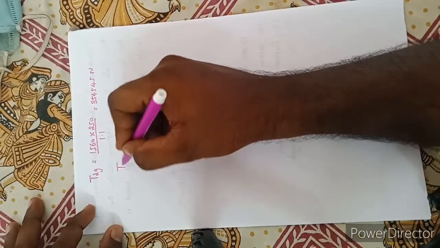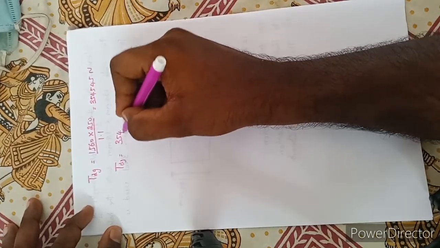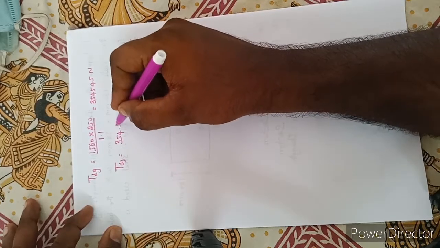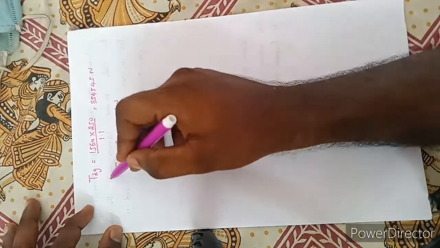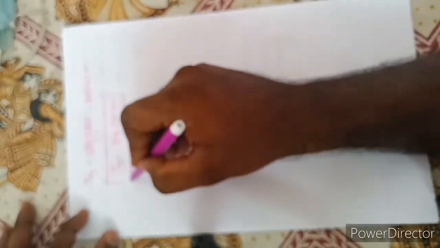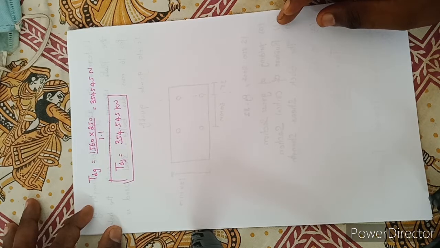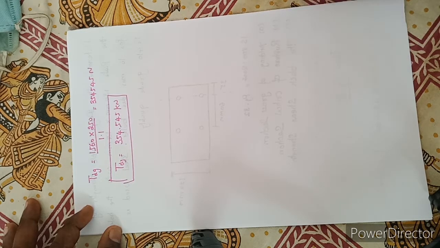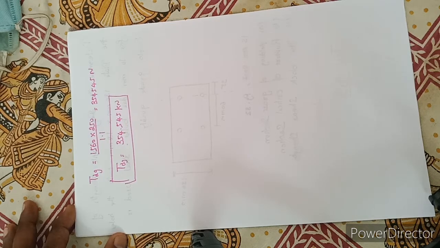I'll change this to kilonewton, which gives 354.545 kilonewton. Okay, now I have calculated the tensile strength of the steel considering yielding.